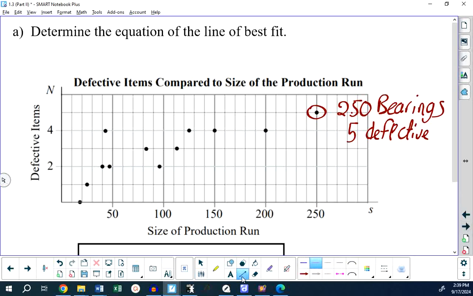I hope you're using a pencil, because what I'm going to ask you to do is draw what you think the line of best fit is, and you may have to erase it and redraw it. Okay? Are you with me? Okay. So take a minute, put your ruler down, slide your ruler around until you feel the edge of it is lined up where it should be.